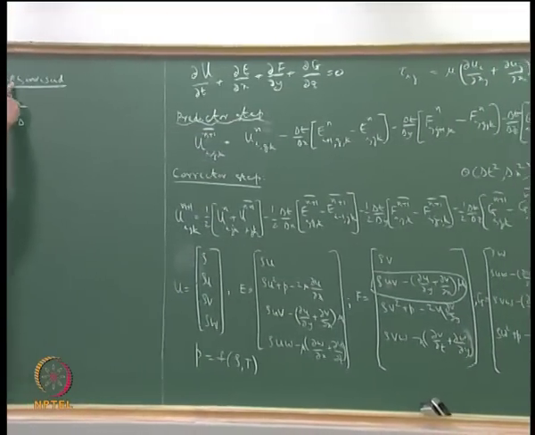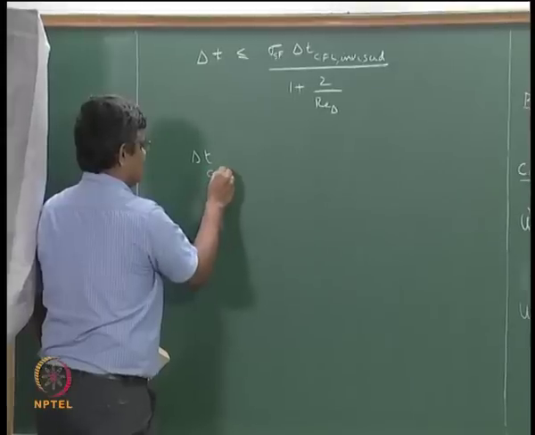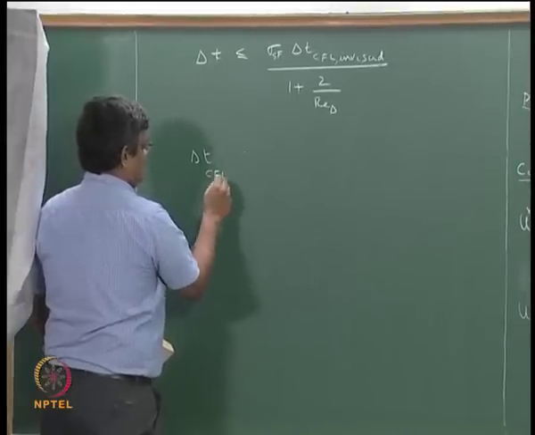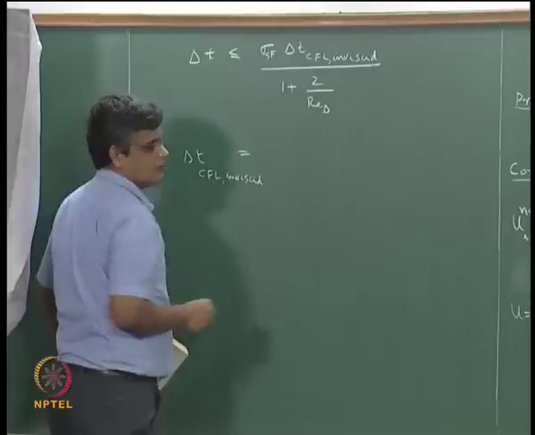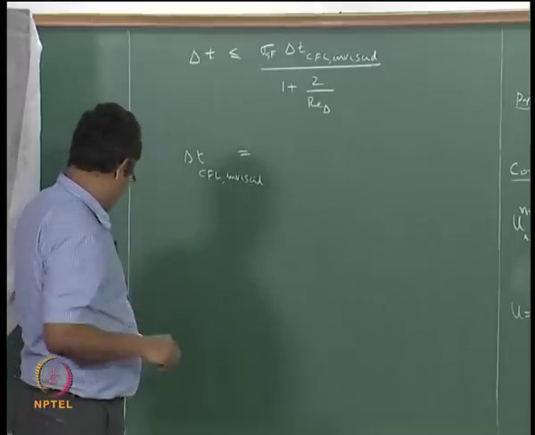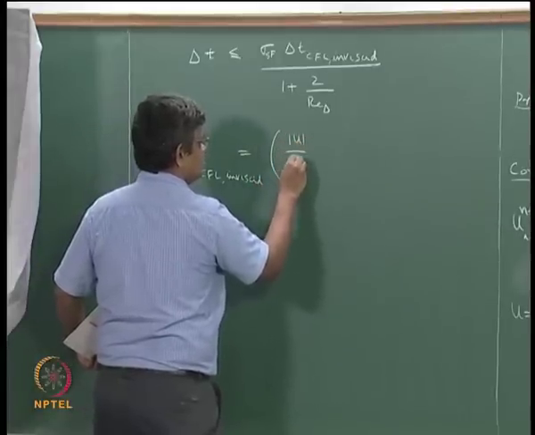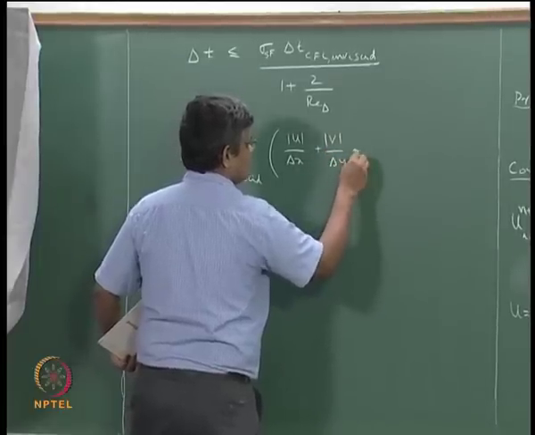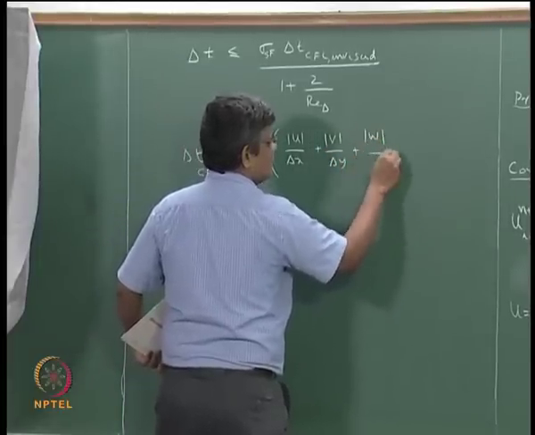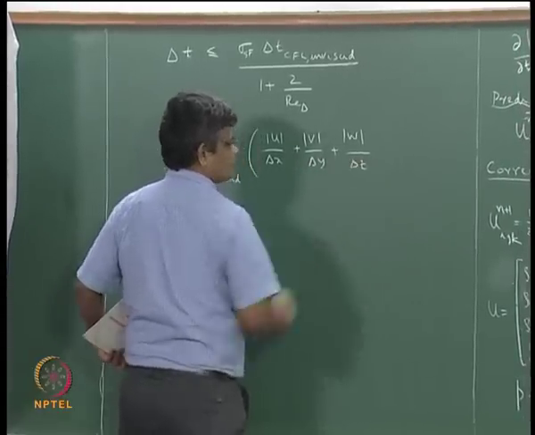And this inviscid CFL condition for the delta t can be written as delta t CFL inviscid, meaning obviously viscosity is 0, given that we have 3-dimensional flow with not necessarily 0 u, v, w components.